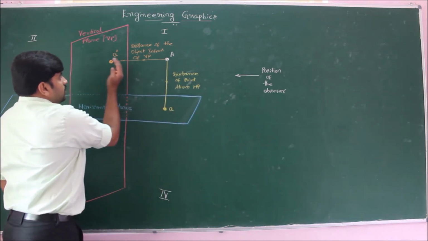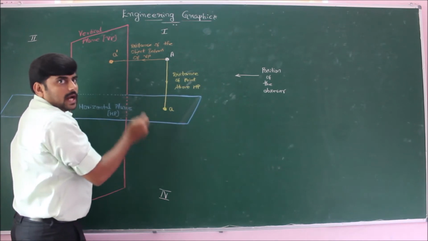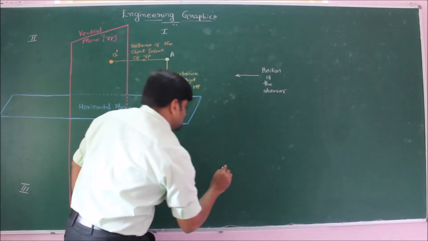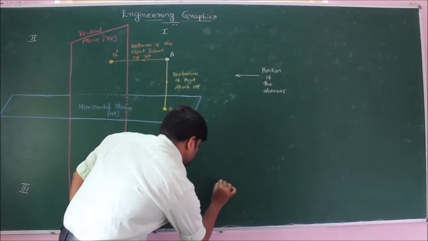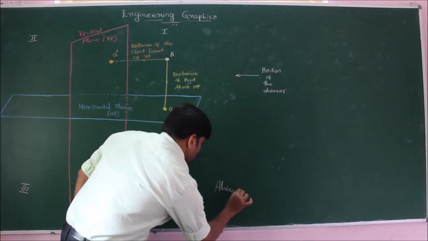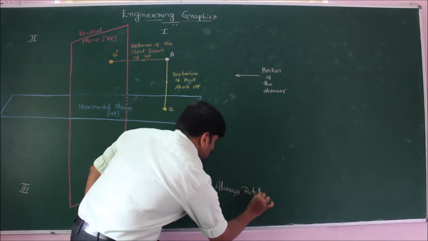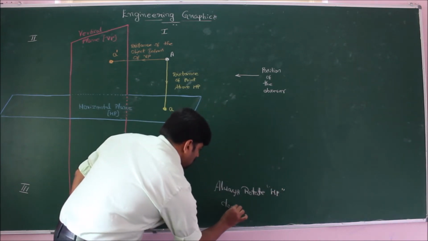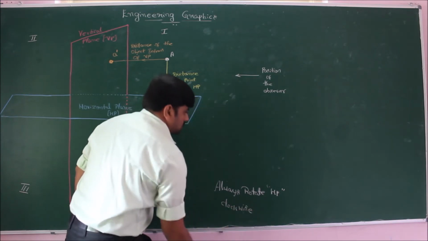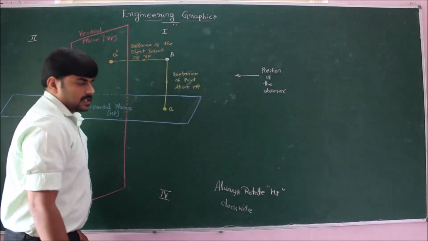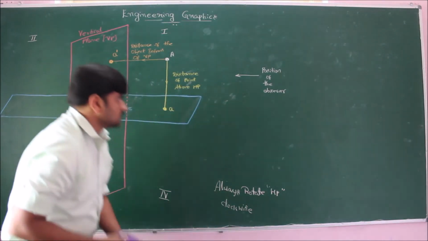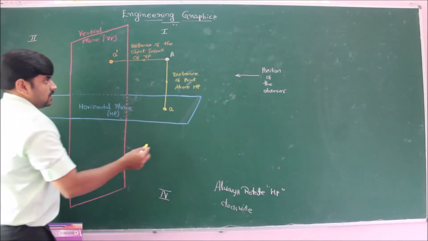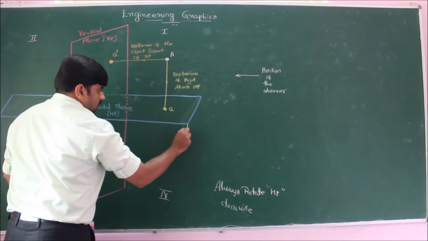The observer will take the projection of the front view and also the top view, and always remember you should rotate the horizontal plane clockwise. That is, rotate HP clockwise.